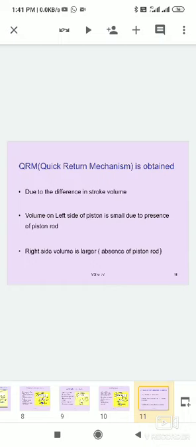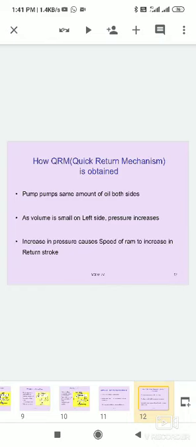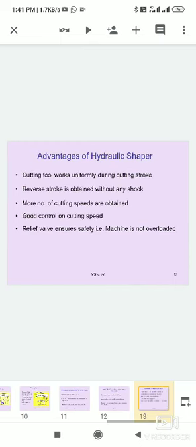The right side volume is larger, due to the absence of the piston rod. The pump delivers the same amount of oil to both sides, but as the volume is small on the left side, the pressure increases. The increase in pressure causes the speed of the ram to increase in the return stroke.